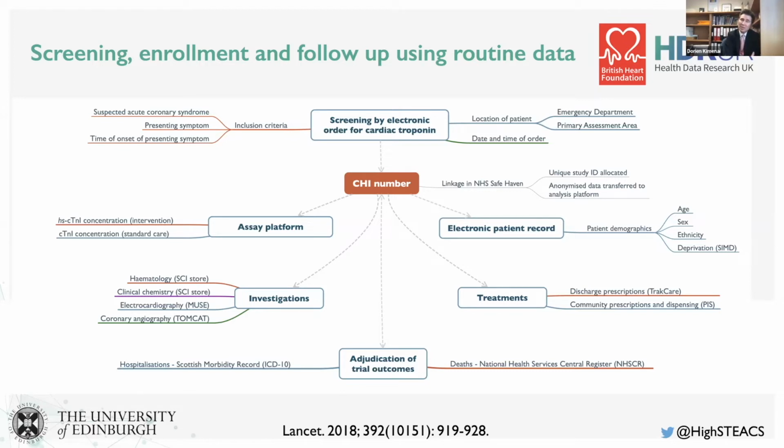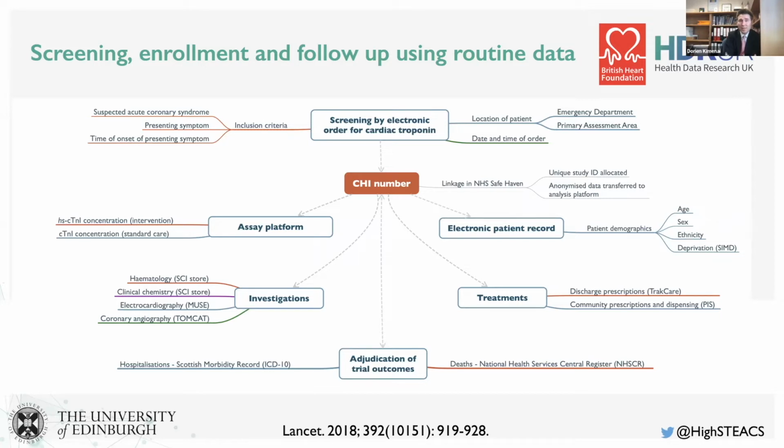And therefore, we got the clinicians responsible for patients to enroll for us by embedding a screening tool in the ordering of the test. And we did that across all 10 hospitals, which allowed us to define the inclusion criteria and exclusion criteria by the individuals ordering the test.